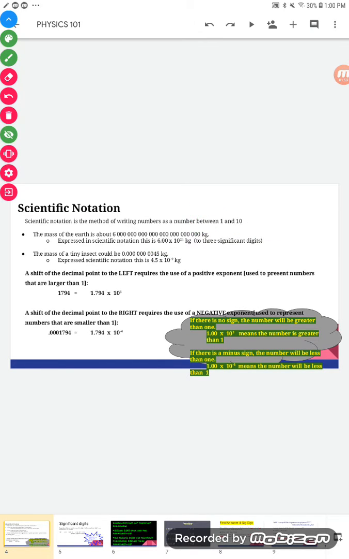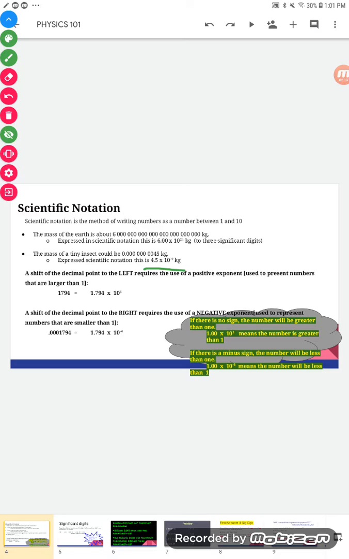Okay, sometimes though you have a very, very small number, and you need to write it as a number between 1 and 10. So if you have 0.000000004 5 kilograms, which is the weight of an insect, because it's very, very light, you could express that in scientific notation right here.